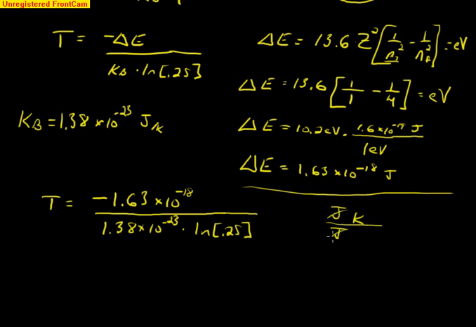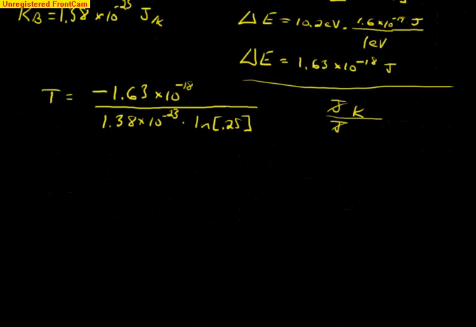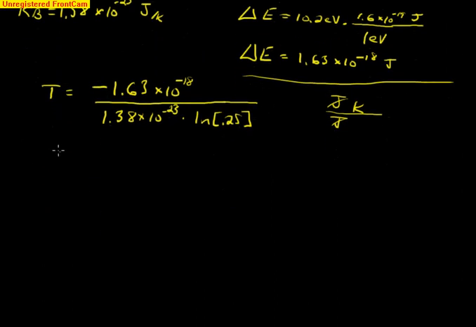This is going to give us kelvins for our temperature, so at least we're in the right dimension again. This gives us a grand total at the end of 8.53 times 10 to the 4th kelvins. Now we have calculated the temperature.